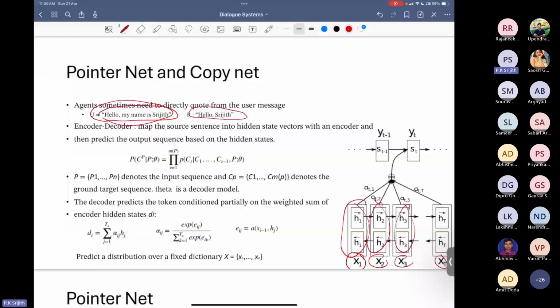When it comes to transformer, it's a completely different mechanism, but let us assume these LSTM-based encoder decoder models where you form these hidden representations for each of the elements of the input.